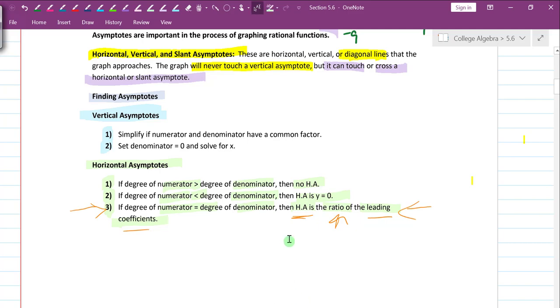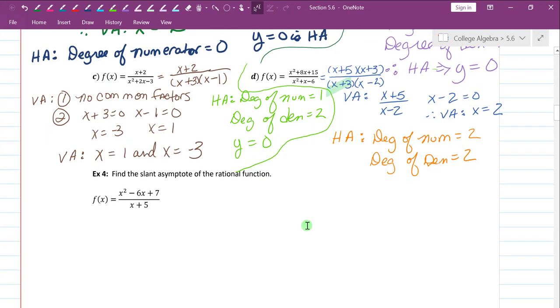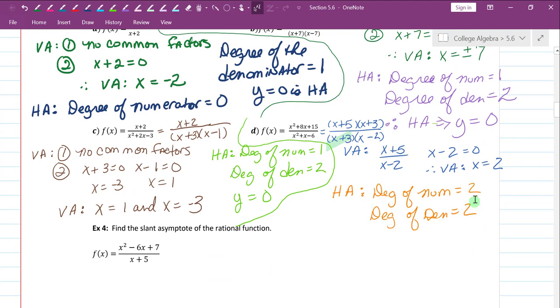Not my degrees, but my coefficients. What's my leading coefficient for the numerator? It is 1. What's my leading coefficient of my denominator? It is also 1. So my horizontal asymptote is going to be y is equal to 1 divided by 1, which is equal to 1.